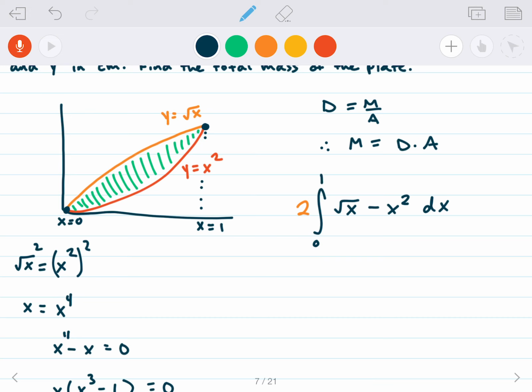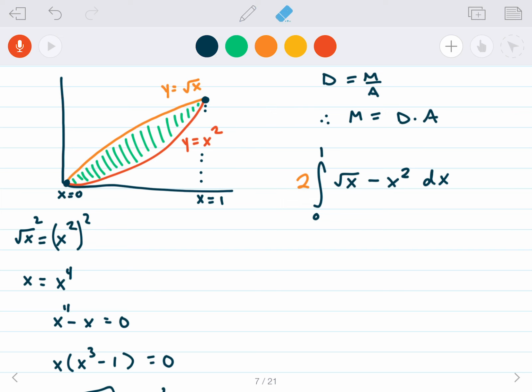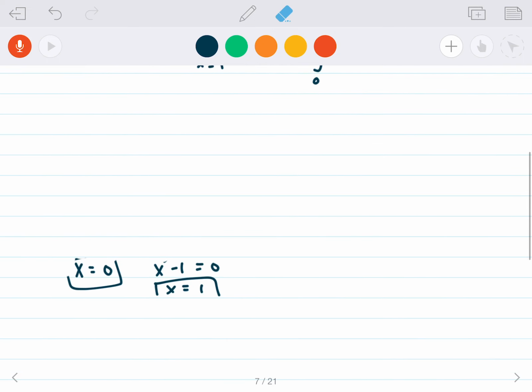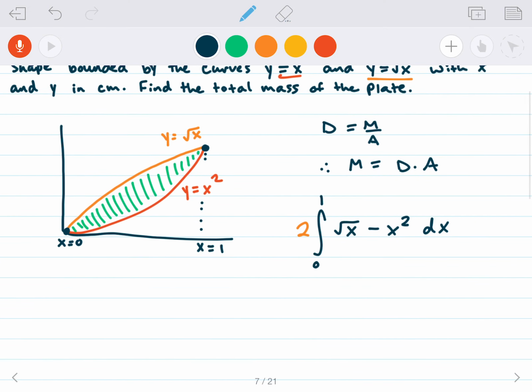And now we can evaluate this. The square root of x is the same thing as x to the 1/2.